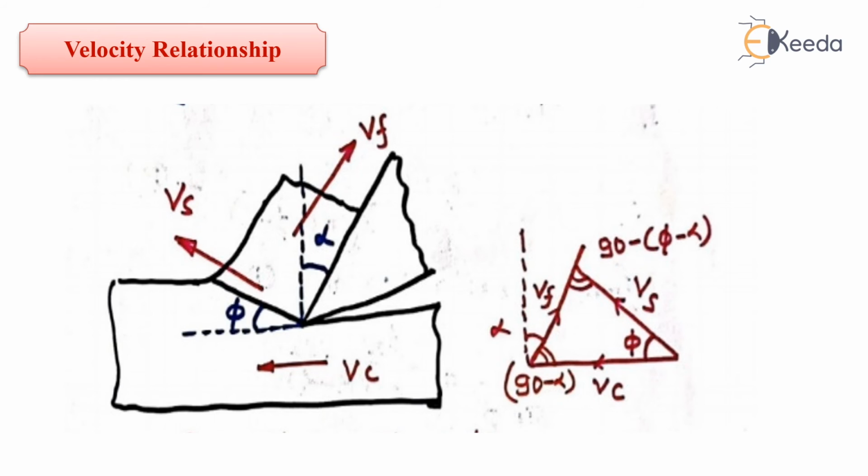Now from this velocity triangle, if I apply the sine rule, what I can write here? I can write this flow velocity divided by this sine phi is equal to this shear velocity divided by sine of 90 minus alpha, or this equal to this cutting velocity divided by sine of 90 minus phi minus alpha.